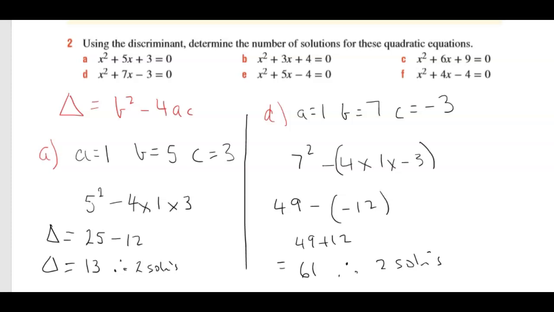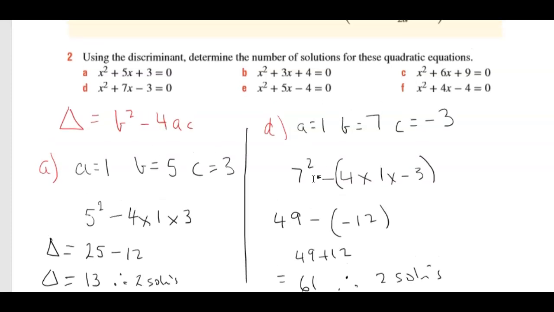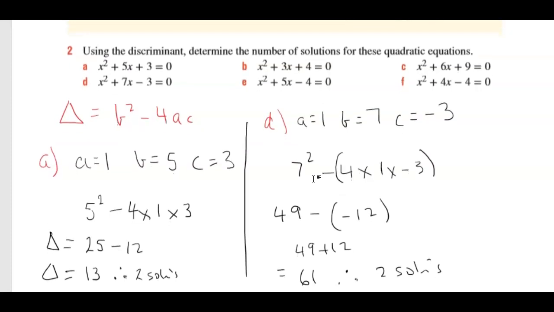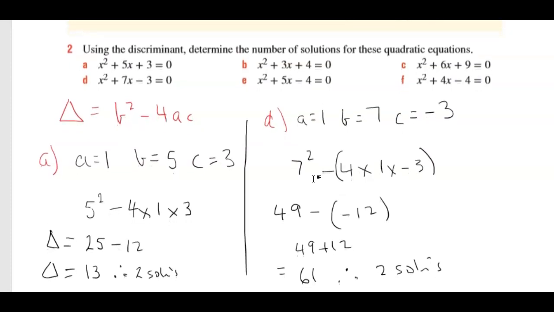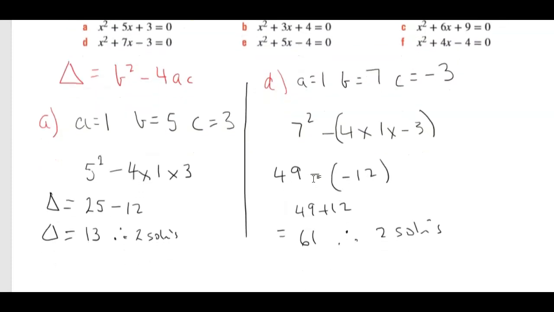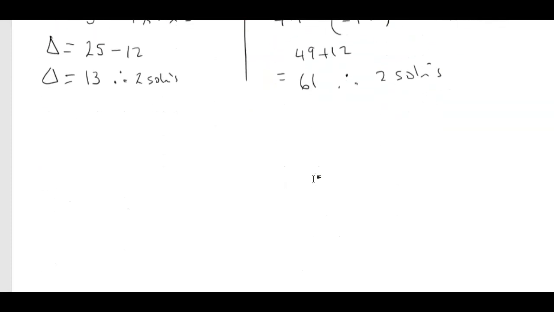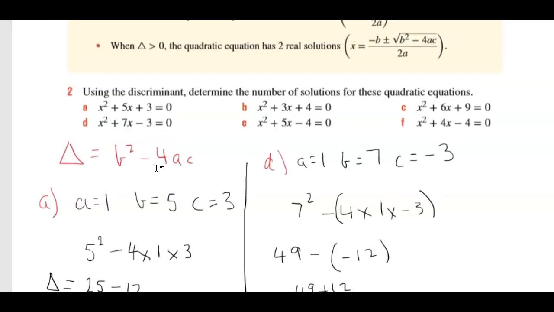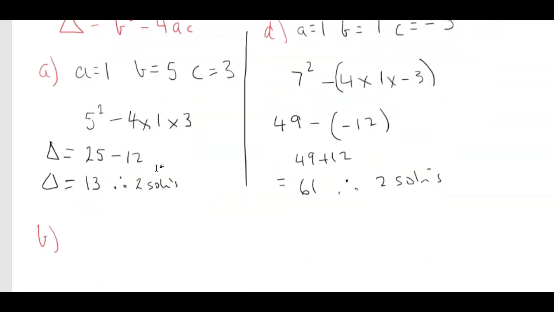All right, so they're not all going to be 2 solutions. So I might do F. I'm just looking at the moment. Actually, I don't know if any of them are going to turn out. Maybe B. I think B might give us a negative. Let's try B. Okay, scroll up and get my values. So 1, 3, and 4.